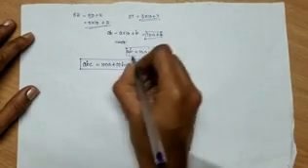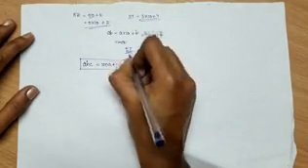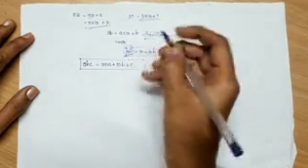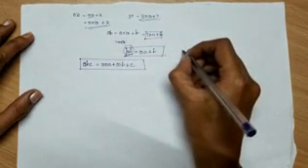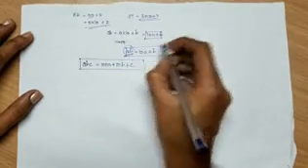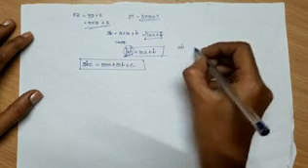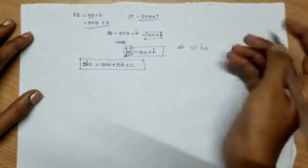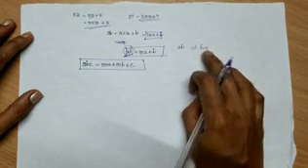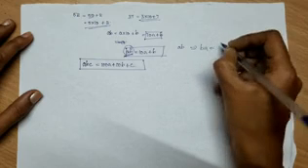If the digits of a two-digit number are reversed, that means AB is a number. If the digits are reversed, what will you get? BA, isn't it? AB will become BA. How can you write this one?